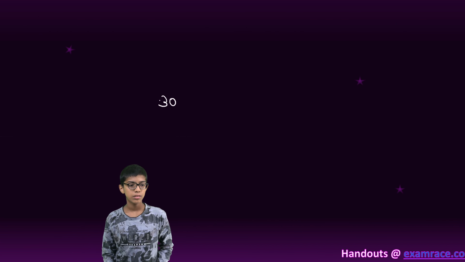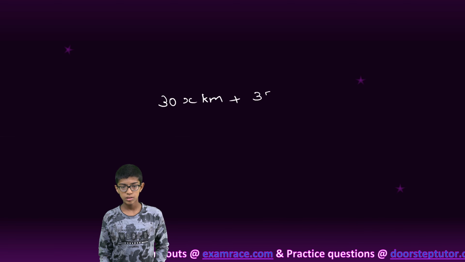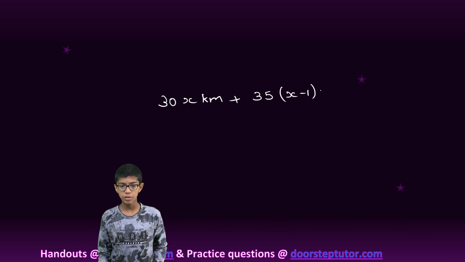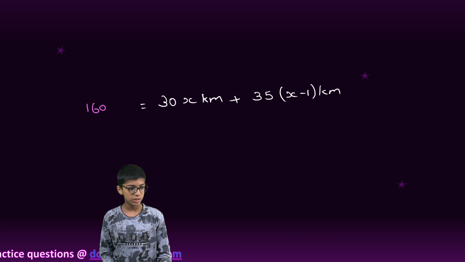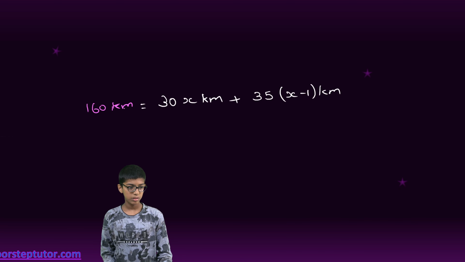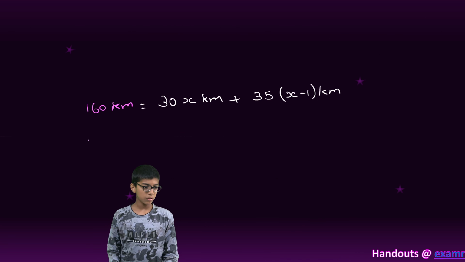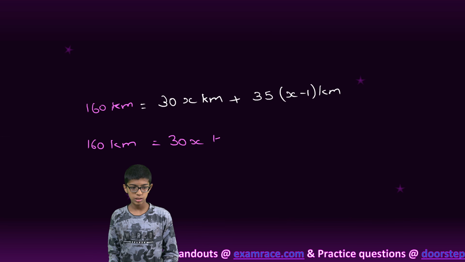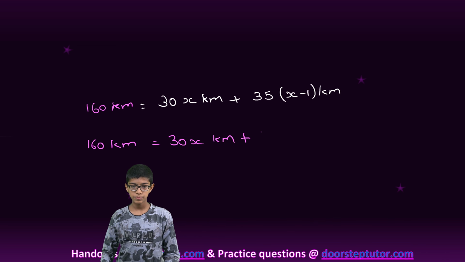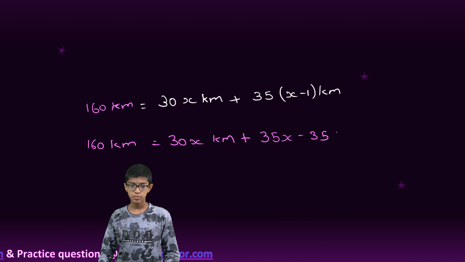Therefore, we sum up that 30x kilometers plus 35 into x minus 1 kilometers is equal to 160 kilometers. From this data, we get to know this. Now, 160 kilometers is equal to 30x kilometers plus 35x minus 35 kilometers.